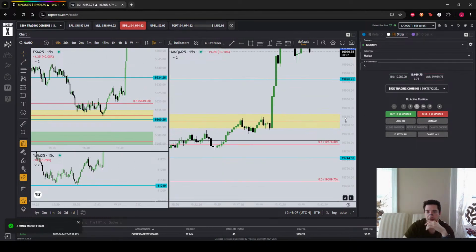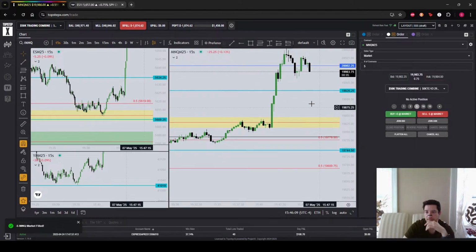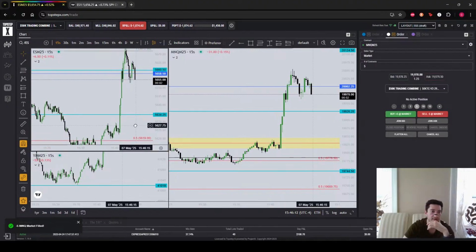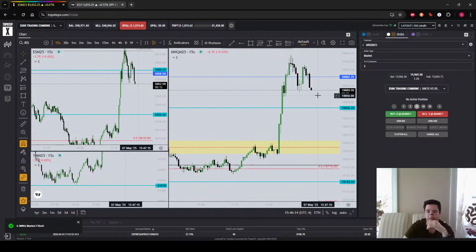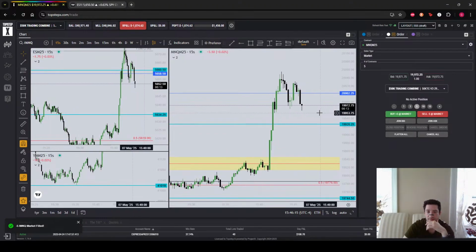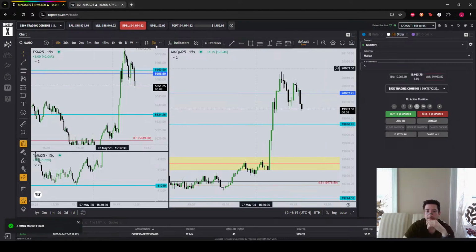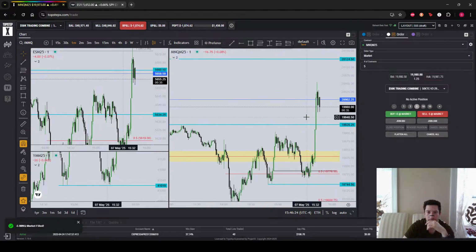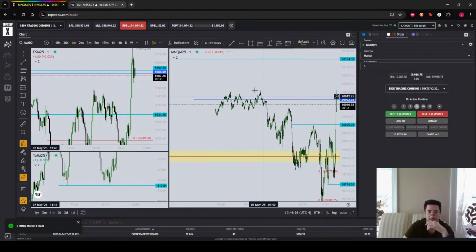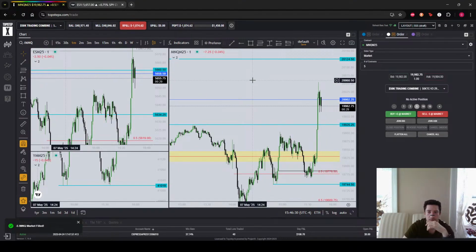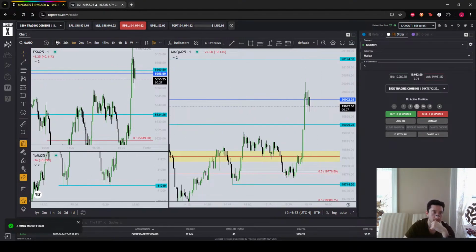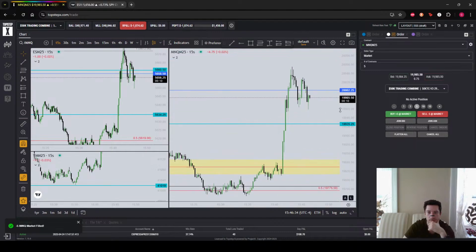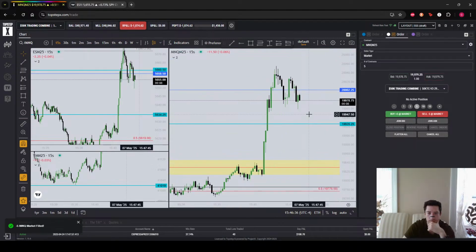That's a tough pill to swallow for today. Do I think it can go all the way back down? I don't know. Is it worth getting short on? I don't know. There's midnight. It already went way higher than I thought it was going to go. I have SMT on the lows. I do.